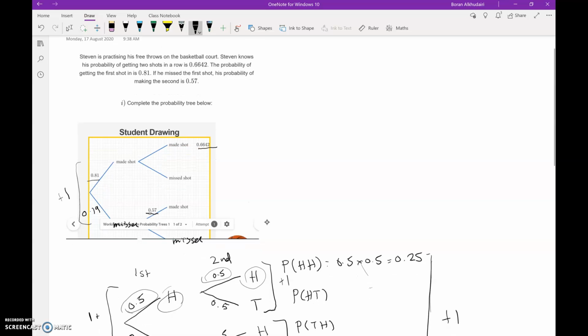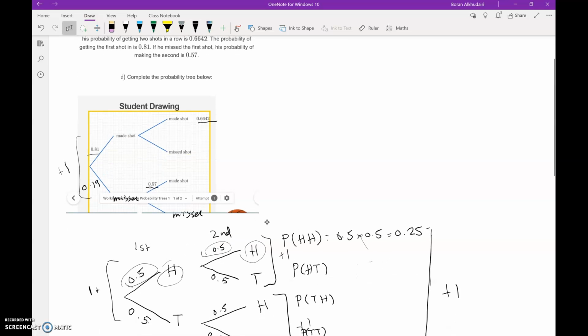Then we can easily find the AND probability here. What's the probability of him missing the first shot but making the second shot? It's just 0.19 times 0.57, because like I said, you multiply across the branches, the probability of him missing a shot and making the shot. So 0.19 times 0.57 is 0.1083.